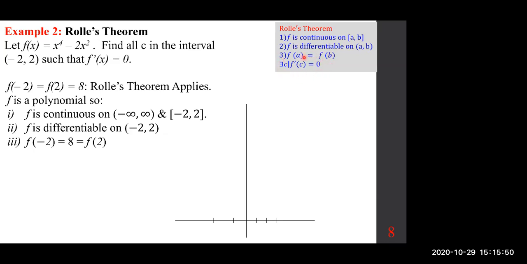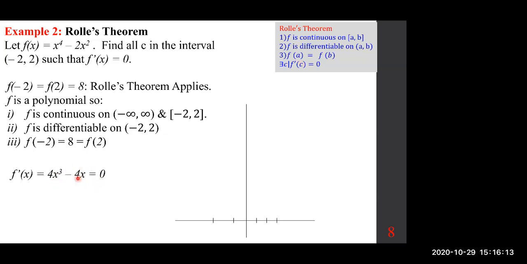And the third criterion works. Therefore, there must be a C such that f prime is 0. So let's find f prime and set it equal to 0. That's really the bottom line. So we showed the first 3 are there. Let's differentiate. We get 4x cubed minus 4x equals 0.